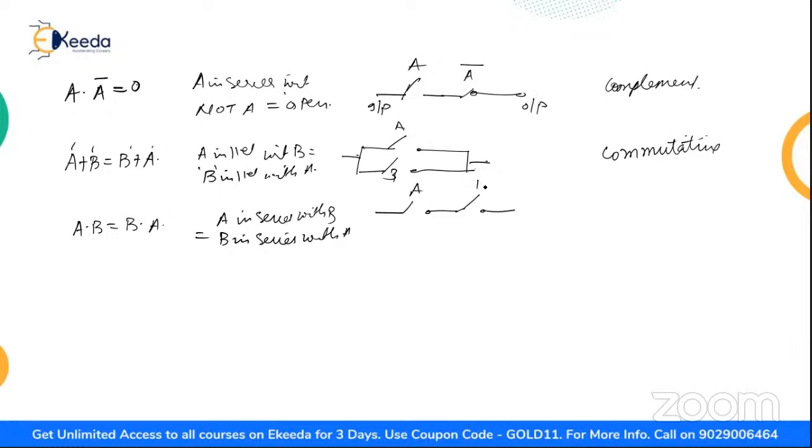A in series with B is B in series with A. Commutative law.